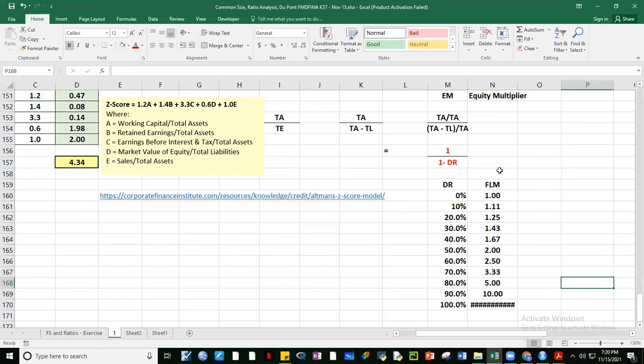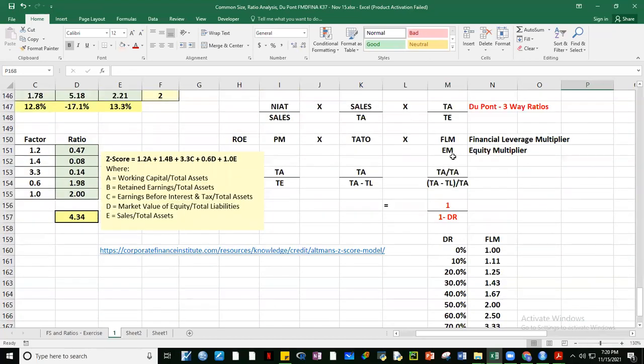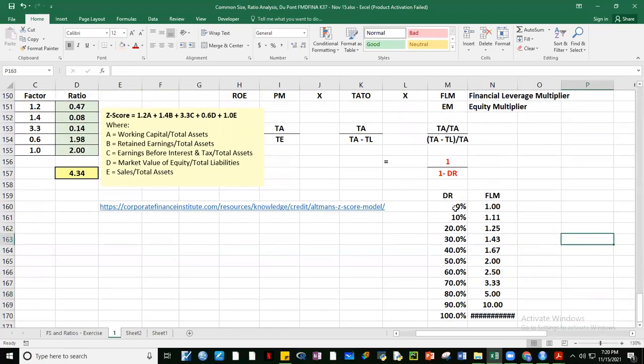Okay? If we increase the debt ratio, ibig sabihin mas maraming debt ang gagamitin kaysa equity, then tataas yung financial leverage multiplier o tataas yung equity multiplier, tataas yung ROE. Okay, so this is proven here. Okay, paano kung 0% guys yung debt ratio natin? So ang FLM natin 1 minus 0, so 1 lang yon. Okay, so this shows guys what will happen to your FLM, to your financial leverage multiplier if your debt ratio increases.